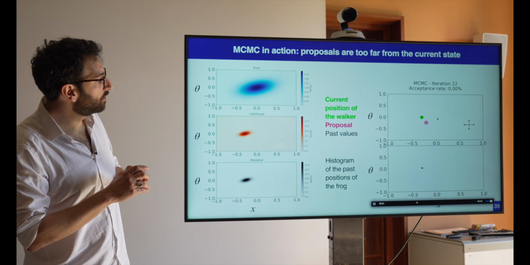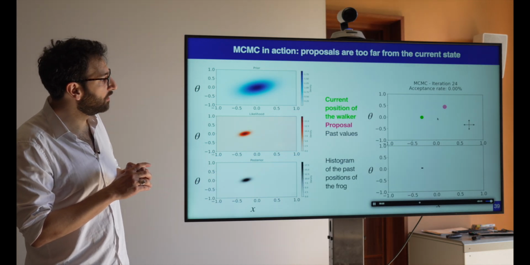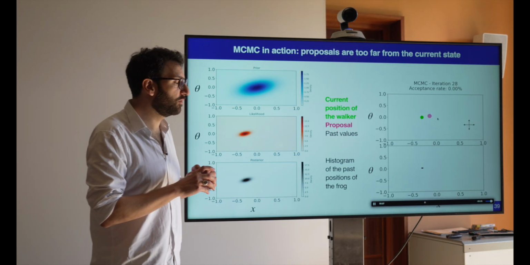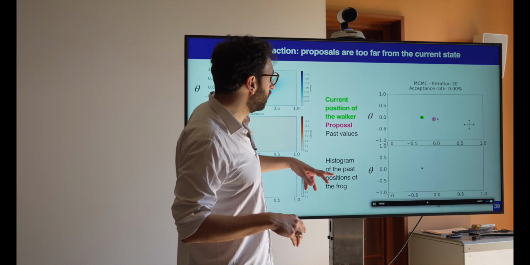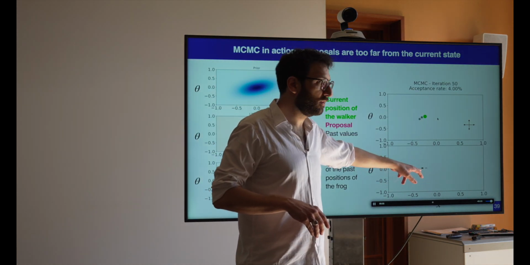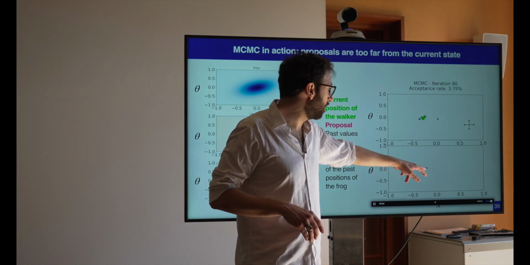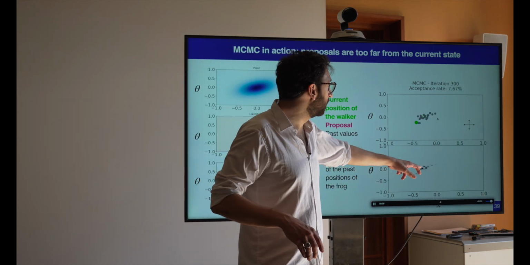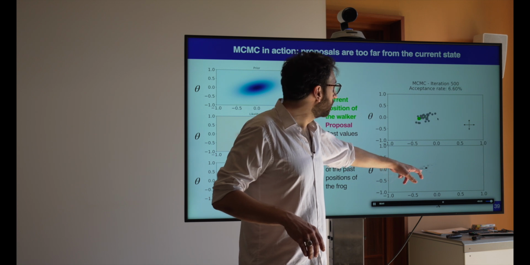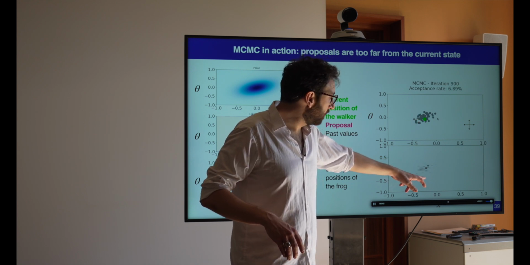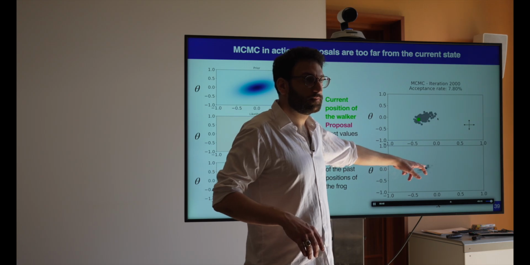But suppose I decide to stop the computation at a smaller number of iterations. If I stop at 30 iterations, you see that I have a very, very bad estimate of my target distribution. At 100, it's still very bad. So you see that you don't want to stop too early.